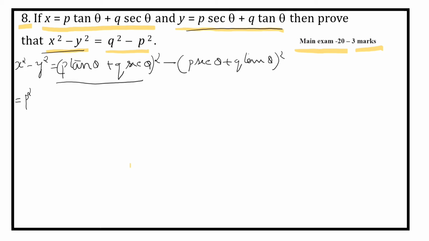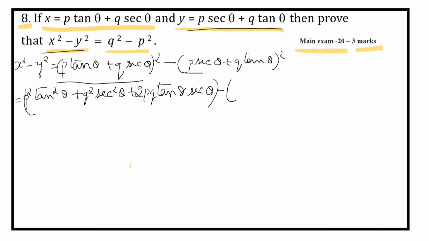P square tan square theta plus b square is q square secant square theta plus 2ab, 2 into p into q, write algebraic terms first, tan theta secant theta, minus a plus b whole square, p square secant square theta plus q square tan square theta plus 2ab, 2pq secant theta tan theta.